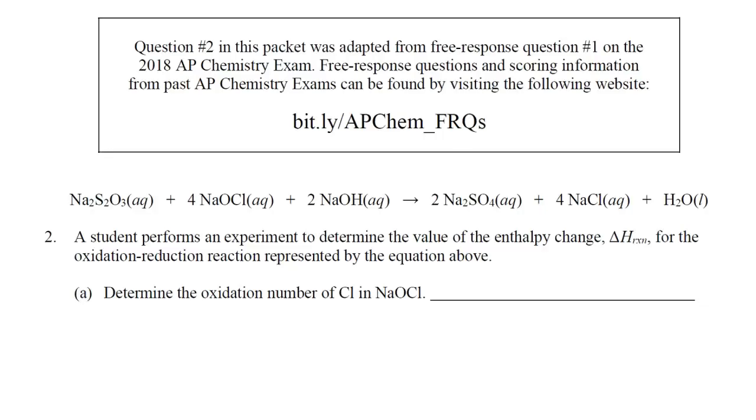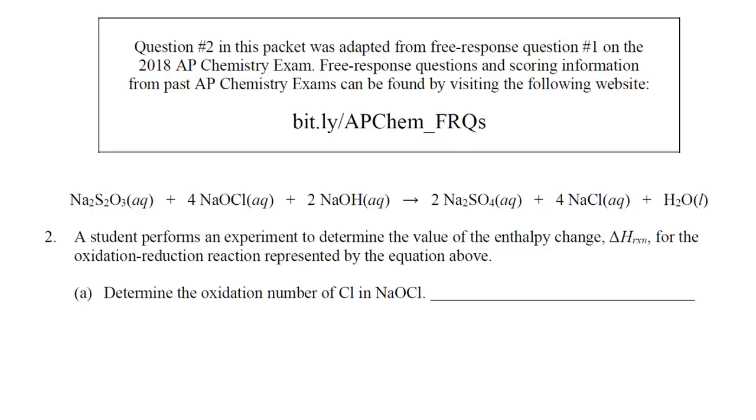Now let's take a look at question 2. A student performs an experiment to determine the value of the enthalpy change, the delta H for the reaction, for the oxidation-reduction reaction represented by the equation above. Part A.